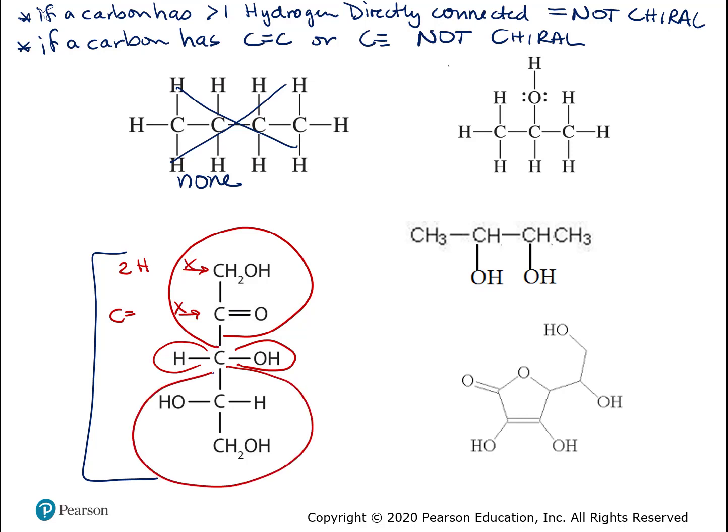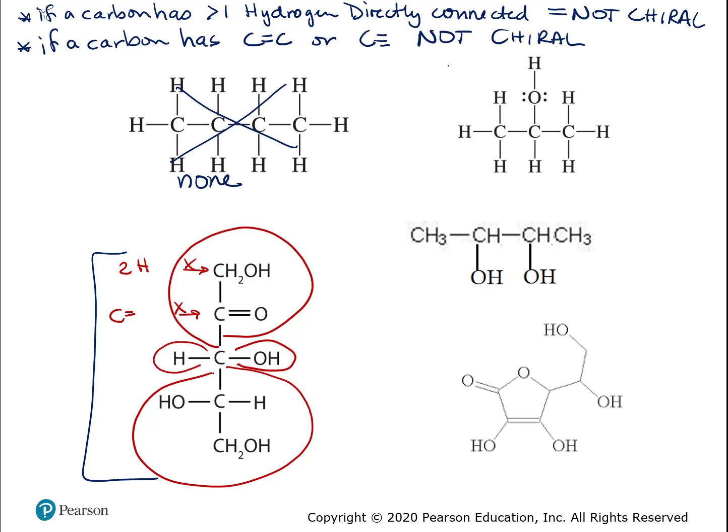Okay, now above is a 2-carbon molecule with 2 oxygens and 3 hydrogens. Below is a 2-carbon molecule with 2 oxygens, but how many hydrogens? How many do you see total? There's 2 plus another one, so there's 5. So do you see that above and below those are different?